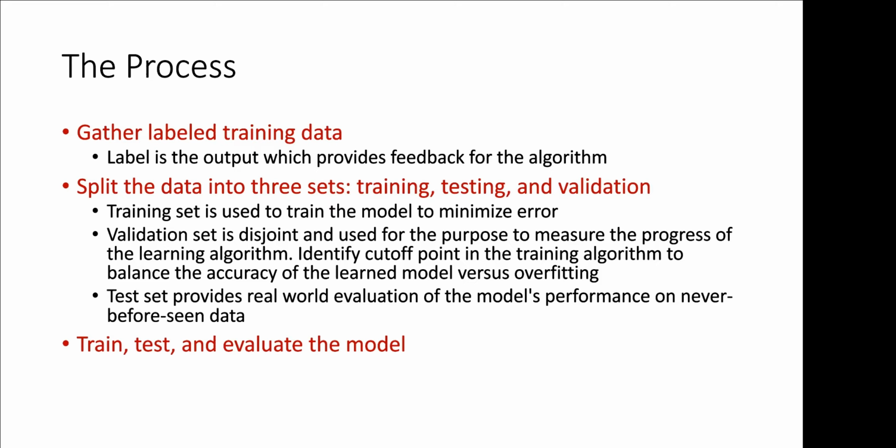Basically we're training our child, for lack of a better analogy, to do some practice problems and understand a relationship. Then our test set provides the real world evaluation of the model's performance on data that hasn't been seen before. So we're giving that child new problems to solve, and hopefully that child can solve them based on a proper understanding of the concepts.